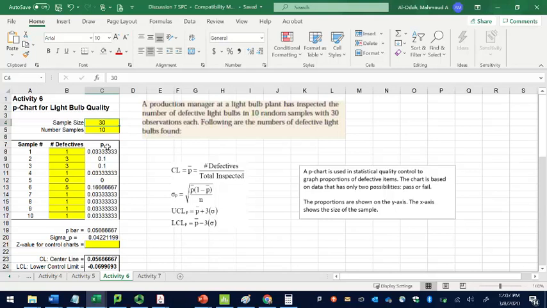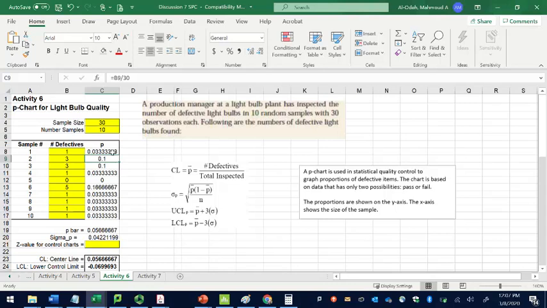In the number of defectives, for sample number one, we have one defective, one broken light bulb. Therefore, you have to find the percentage of defects for this particular sample. We know each sample consists of 30, so 1 divided by 30 gives you 0.033.